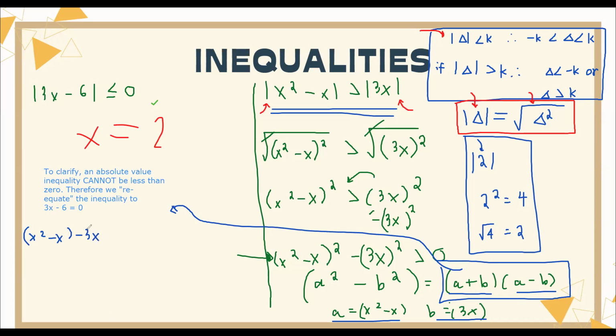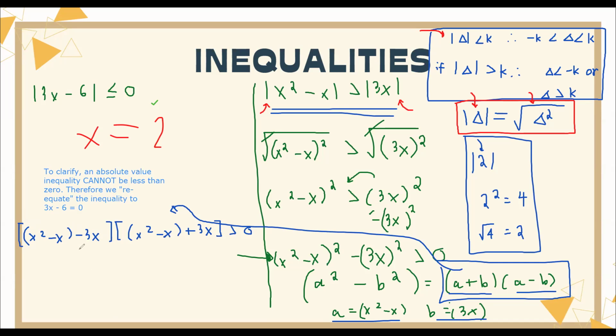Plus pala. A minus b, plus b. And then x squared minus x plus 3x is greater than 0. And then simplify natin siya.